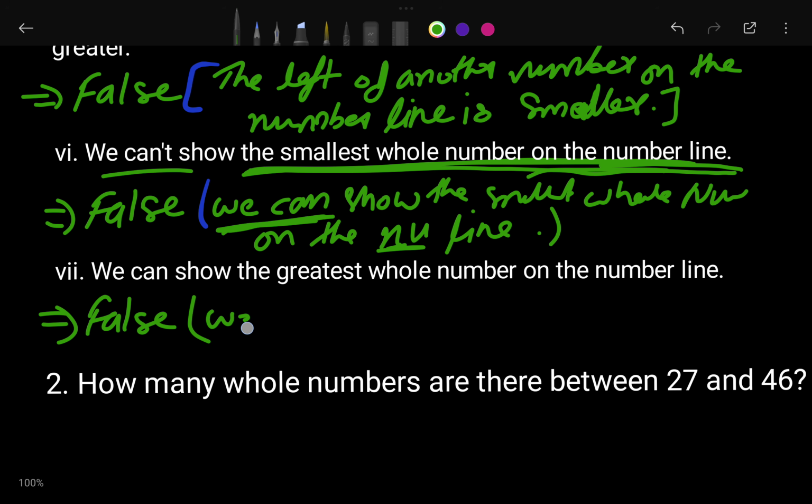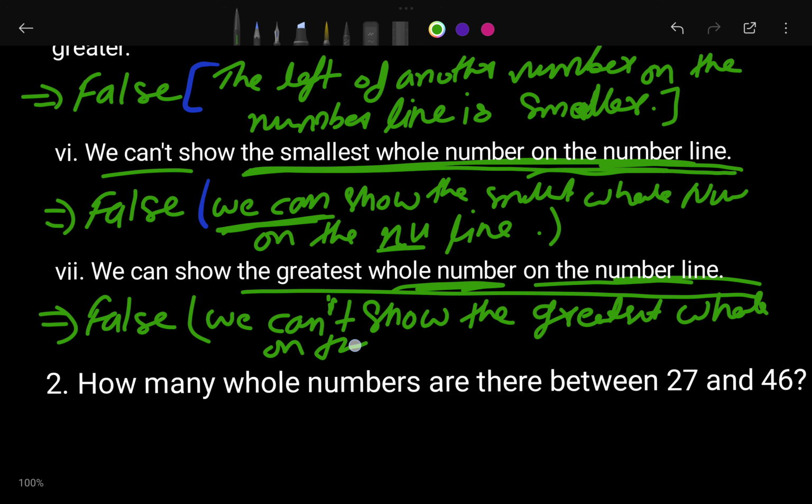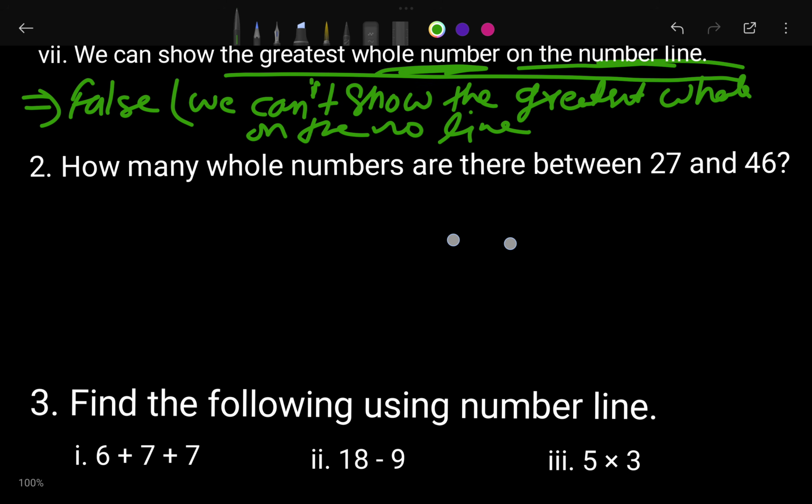Then we will write we cannot show the greatest whole number on the number line. Simply, this question is completed.